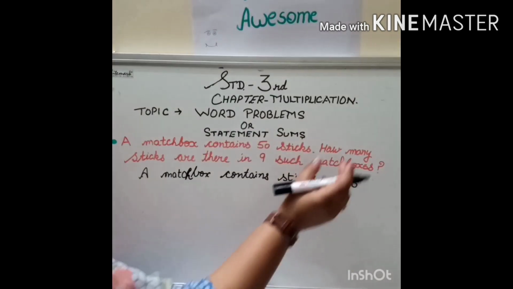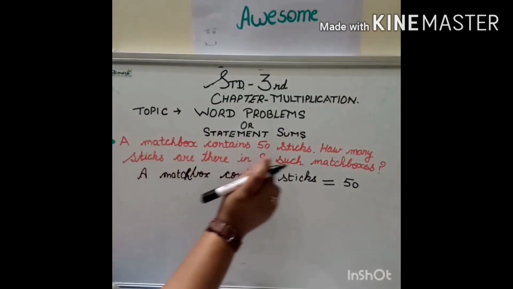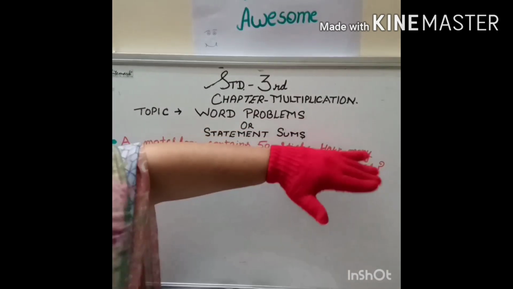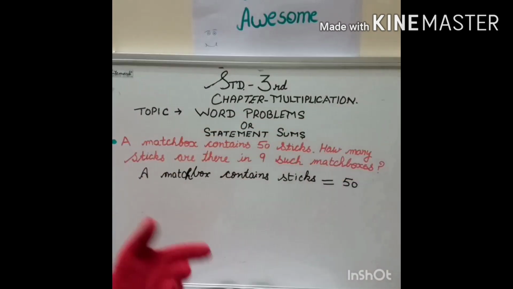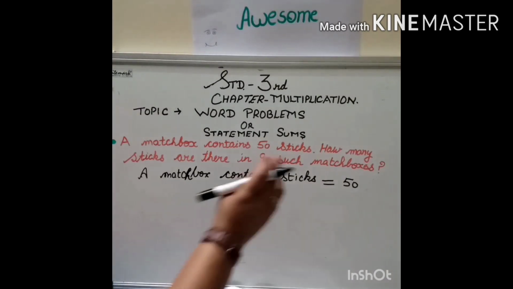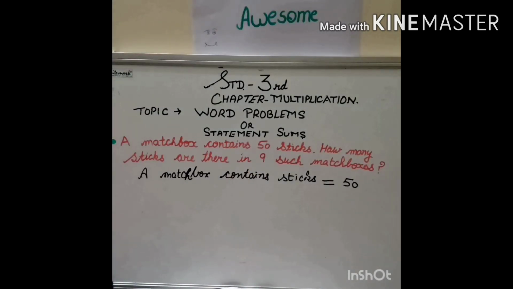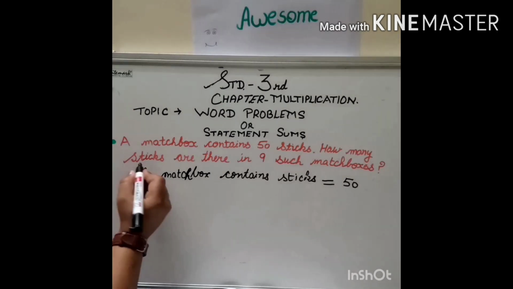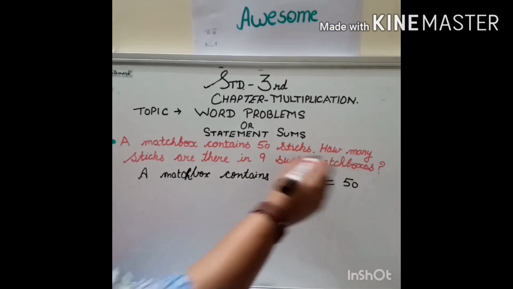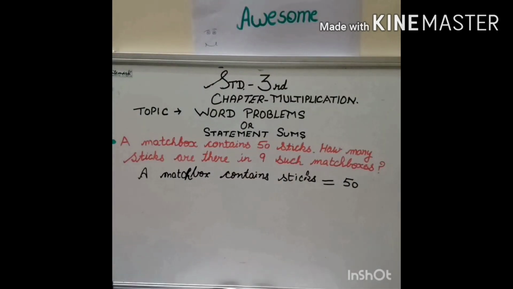Now children, the next line is how many sticks are there in 9. Children, we just have to leave out this how many. I told you we cannot give the answer in question form. That's why we will not use these two words, how many. We can simply write sticks are there in 9 such boxes. That's also true. But children, we have to write the statement in the simplest, easiest and shortest form.